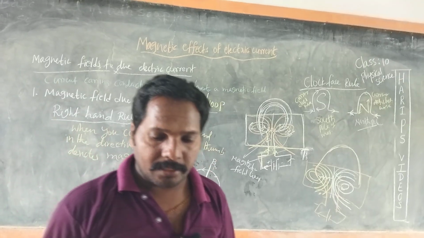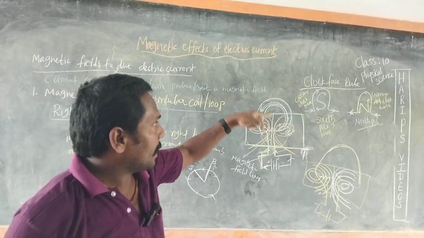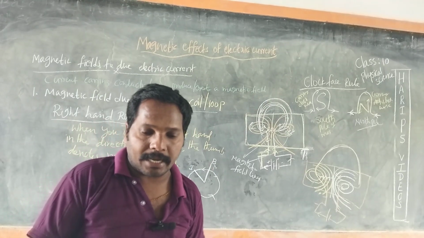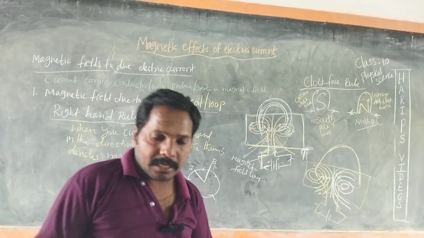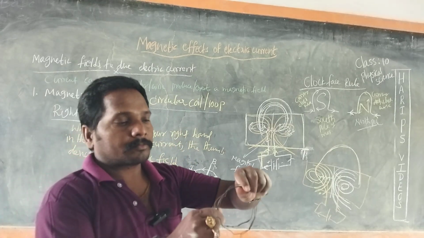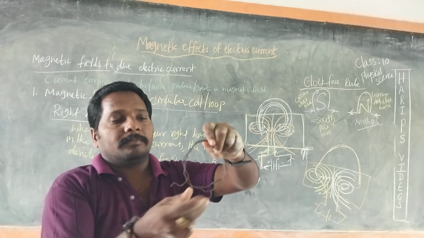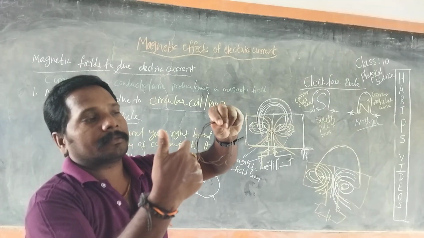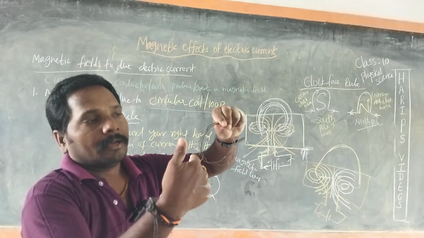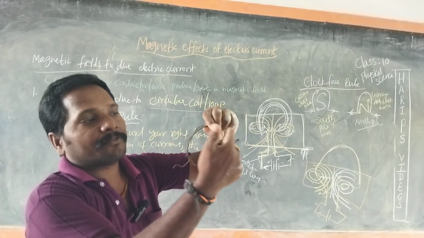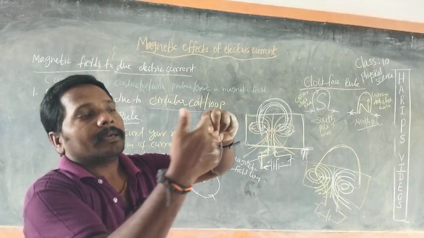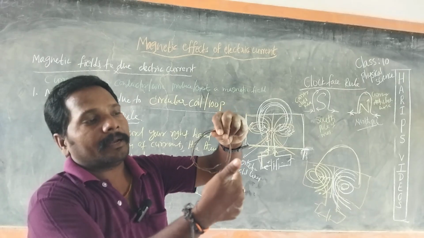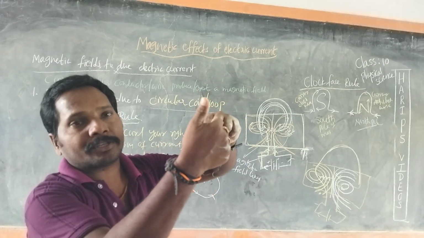The direction of current in the face of the circular wire is clockwise, so this face of the circular wire acts as a south magnetic pole. So current is circular, meaning the current is in clockwise direction, so this face which is appearing is a south pole of the magnet.